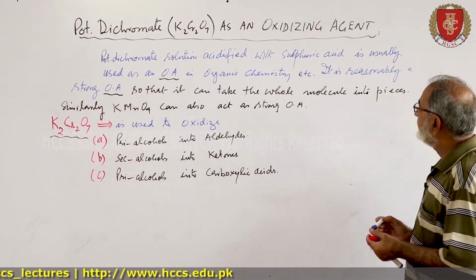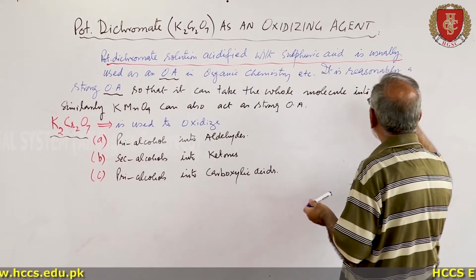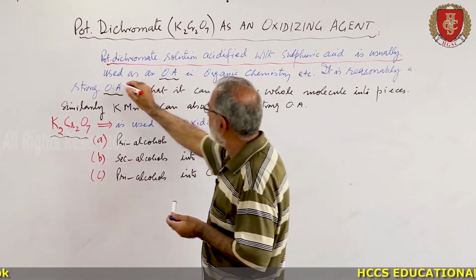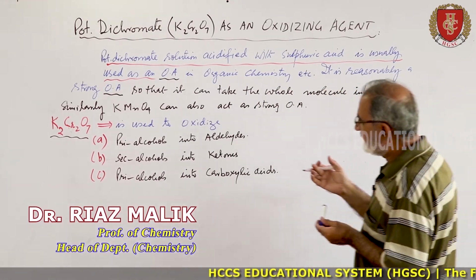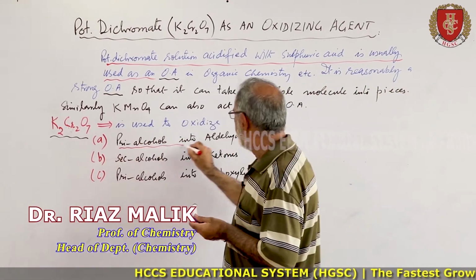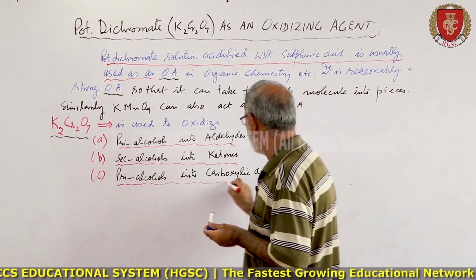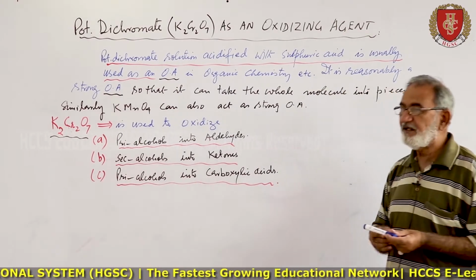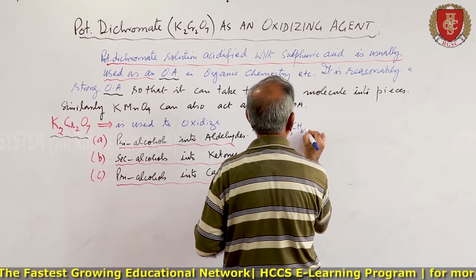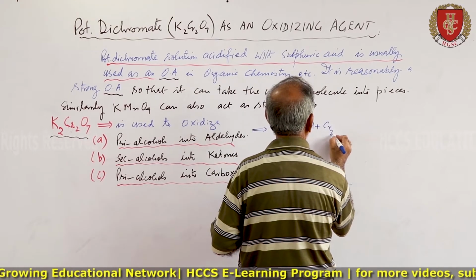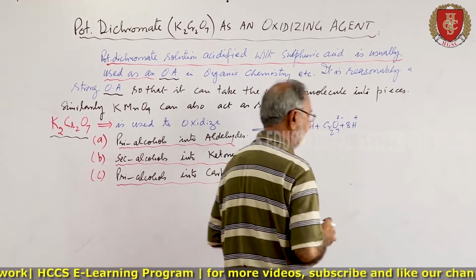So the potassium dichromate solution acidified with sulfuric acid acts as an oxidizing agent, and it is used to oxidize primary alcohols to aldehydes, secondary alcohols into ketones, primary alcohols into carboxylic acids. CH3CH2OH plus Cr2O7 2- plus 8H+.